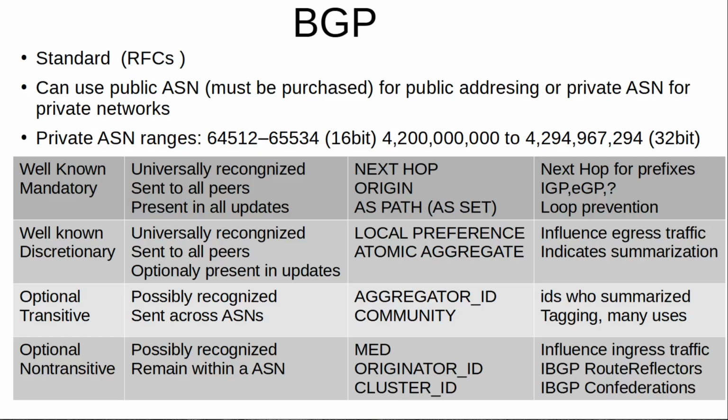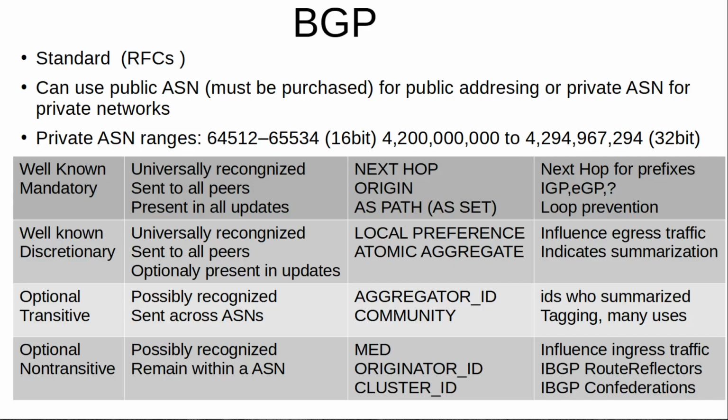Remember that BGP is a standard defined in publicly available RFCs. You will need an autonomous system number in order to work with BGP. That will depend on what you want to use BGP for. If you are an ISP, for instance, you will need to purchase your own public autonomous system number.